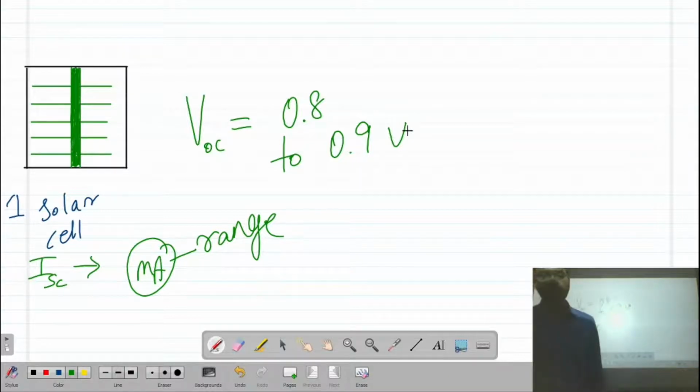This is the rough value of VOC and ISC. The ISC range will be milliampere.